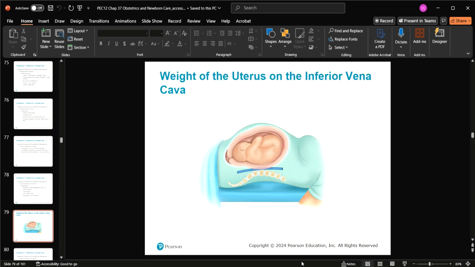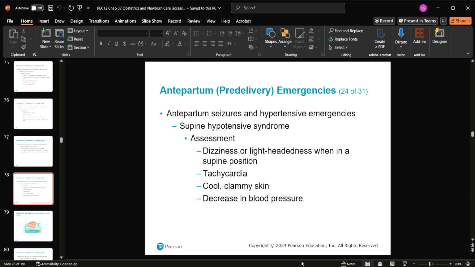If they're lying supine, directly on their back, the child is compressing the vena cava. So they have basically all the signs and symptoms of shock: cool, clammy skin, tachycardia, so an elevated heart rate, and decreased blood pressure.